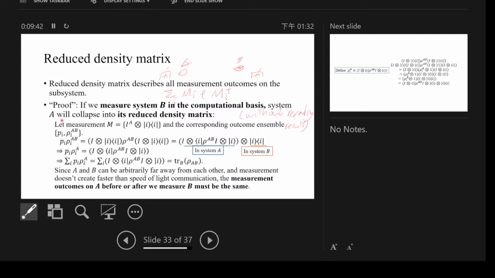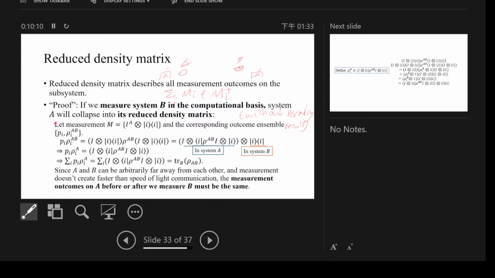The density matrix will look like you have a reduced density matrix on system A. I guess it's easier to see in the proof. So in terms of math, what happened is here. We just measure system B in the computational basis.